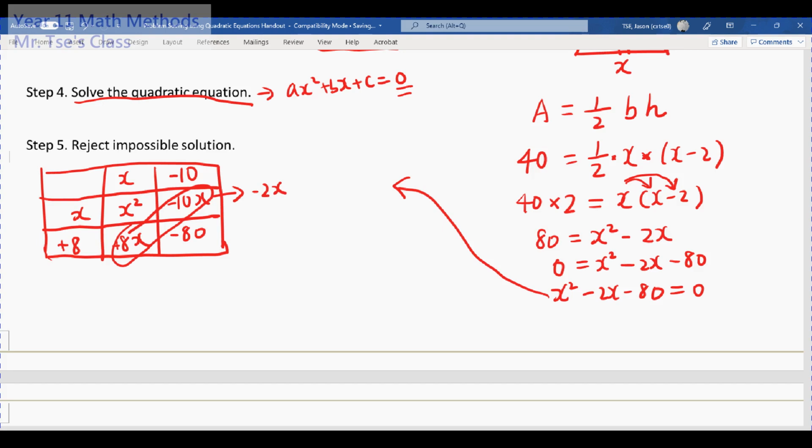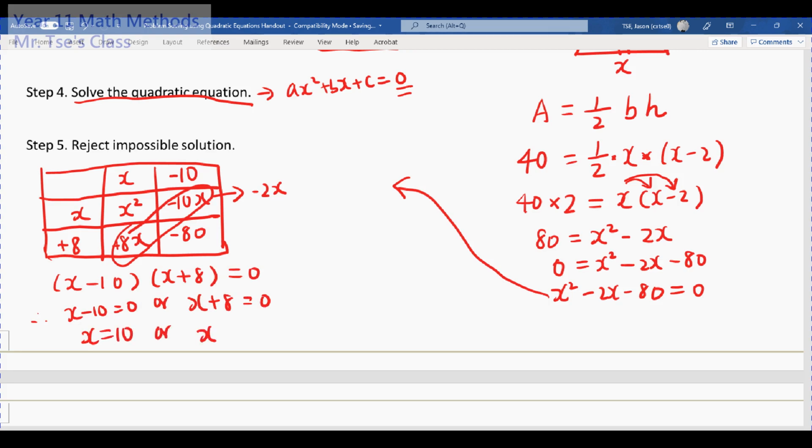That means your equation can be factorized as x minus 10 times x plus 8 equals 0. So you will have x minus 10 equals 0 or x plus 8 equals 0, so x equals 10 or x equals minus 8.